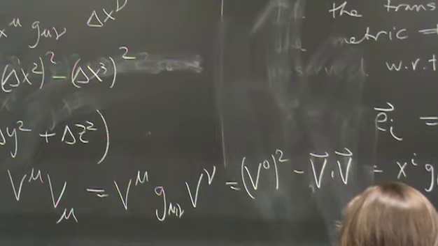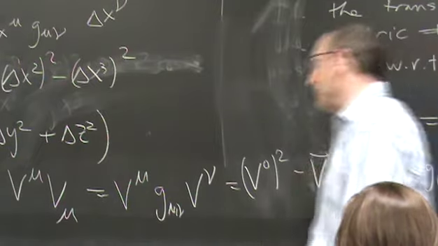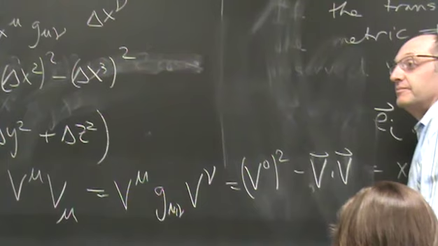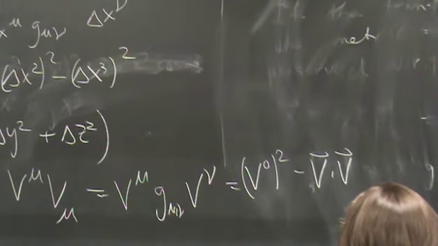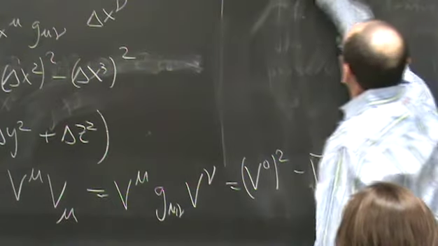Because by definition, the Lorentz transformation preserves this length. That's how we got the metric. And we can define tensors and all the rest.